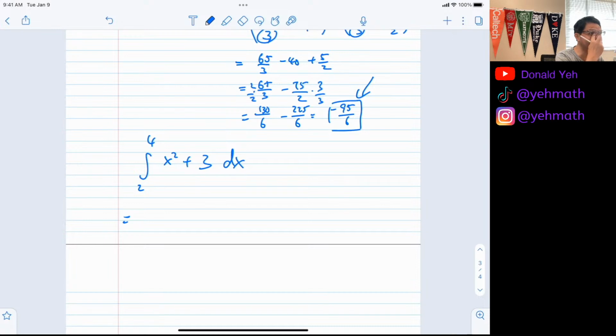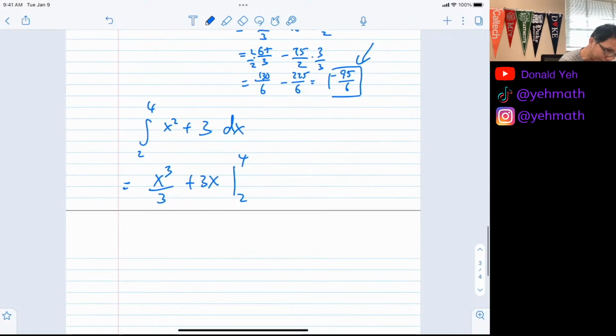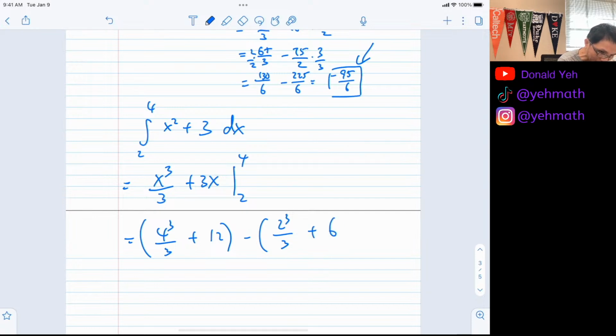So remember, 98% of problems can be done arithmetically. This one is x cubed over 3 plus 3x between 4 and 2. This is 4 to the 3 over 3 plus 4 times 3 is 12, minus 2 to the 3rd over 3 plus 6.